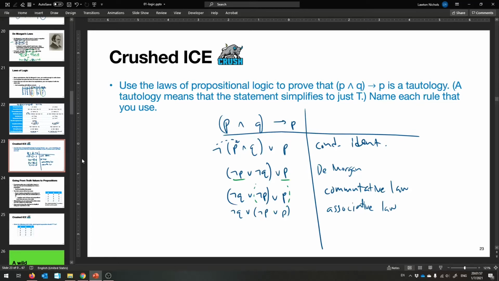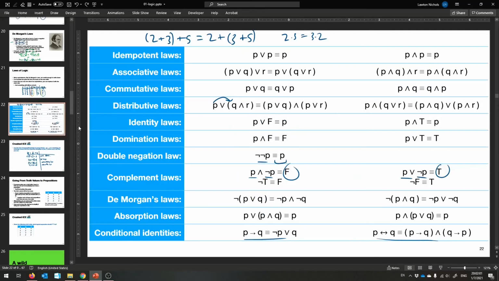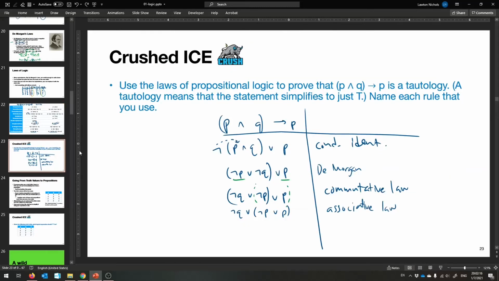And then finally, I want to make this true. We're almost there. But they're not in the right order, so I want to use the complement law. Eventually you can just say, okay, yeah, it's true, because obviously these are commutative. But we're going to spell it out right now, because we're just learning. So not Q, or I need to flip these in order to use that law.